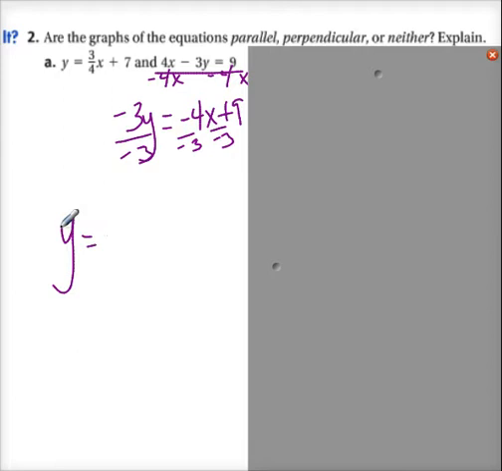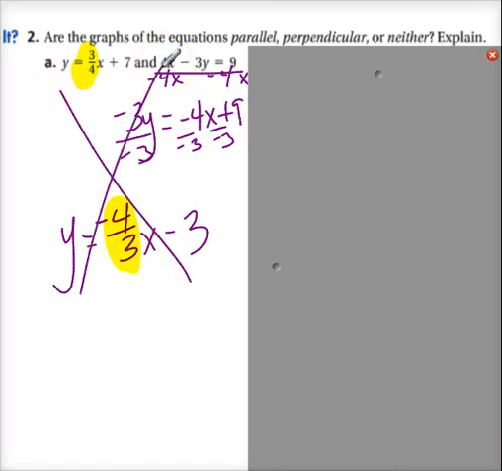I get y equals 4/3 x minus 3. Look at my slopes, 3/4 and 4/3. It might be confusing because they look like reciprocals, but they aren't opposite. This would have had to be negative. So they don't have the same slope and they don't have opposite reciprocals, so these are neither. These would probably intersect at a random point, but would not be perpendicular.